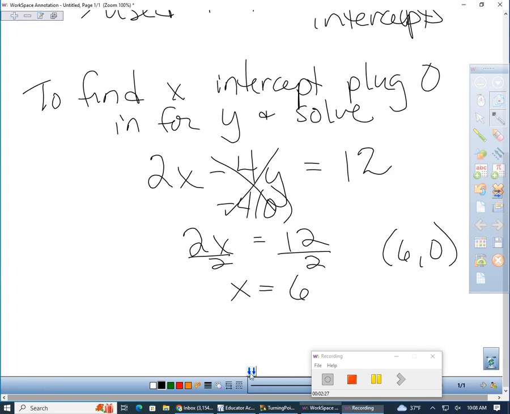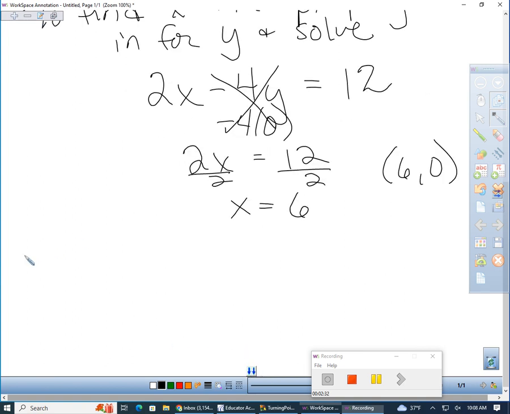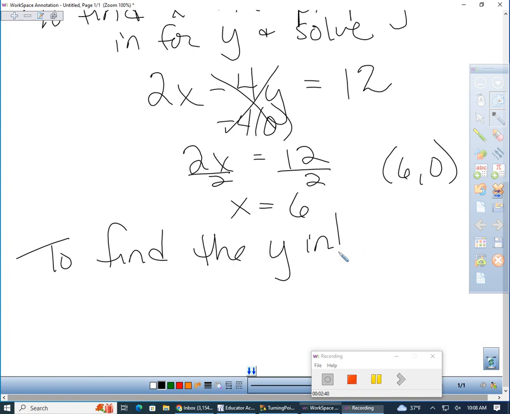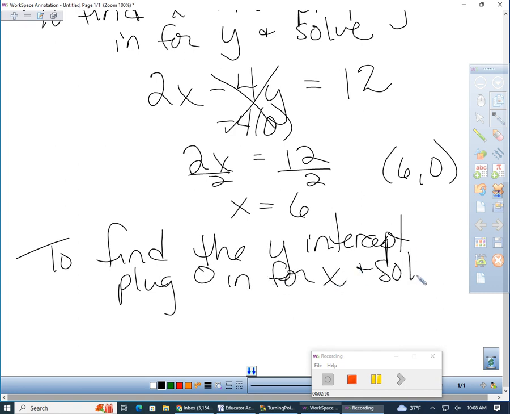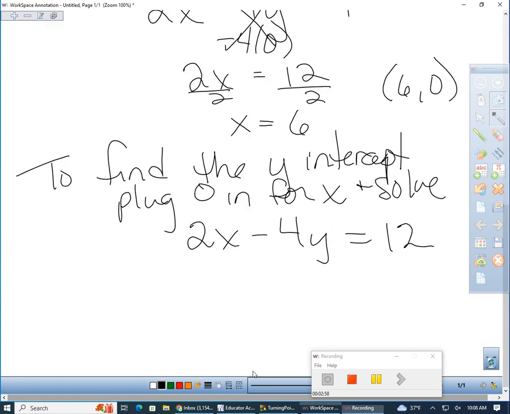It's not too hard. To find the y-intercept, we do the opposite. Plug 0 in for x and solve. So if we have 2x minus 4y equals 12, use the same equation again.